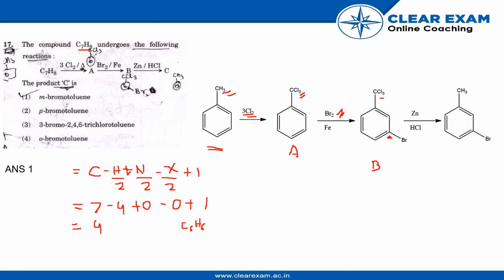Then, further reacting this compound with Zn and HCl, reduction will occur, and CCl3 will be removed and CH3 will be added, and Br will remain the same as in the previous question. So this will become compound C, which is this, and this compound is also known as m-bromotoluene. So the first option is the answer.